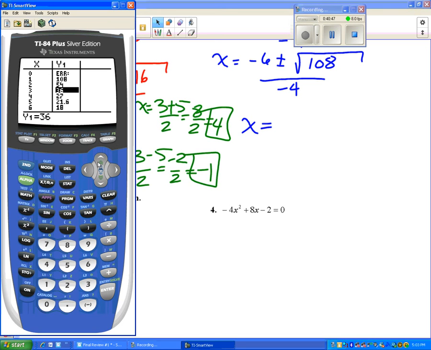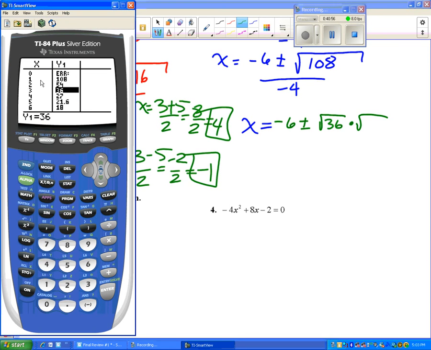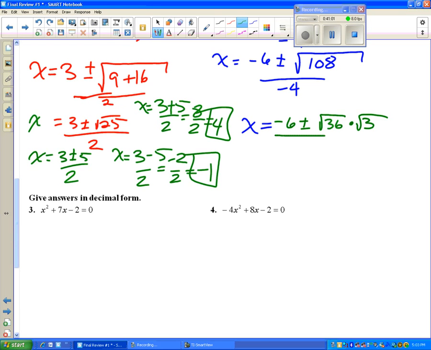So I can say that this is negative 6 plus or minus the square root of 36 times the square root of 3, that was 36 times 3, over negative 4. So x is equal to negative 6 plus or minus the square root of 36 is 6 times the square root of 3 over negative 4.